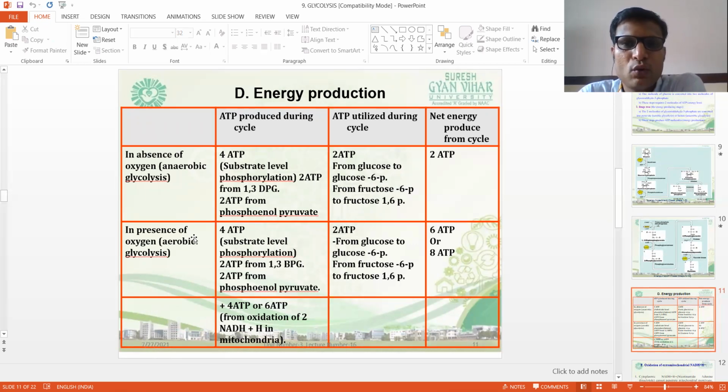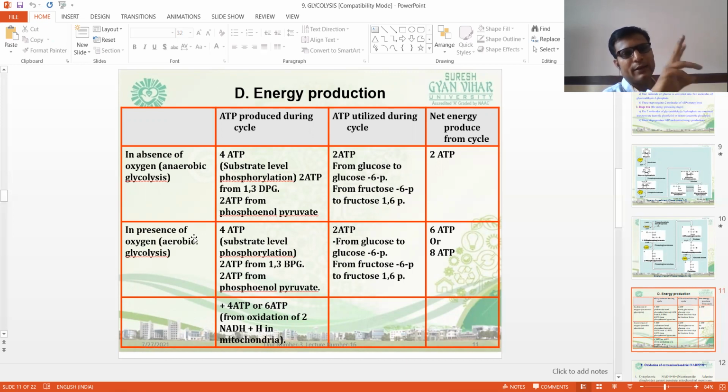So there is a total production of 2 ATP in the anaerobic case, meaning there is no supply of oxygen. Okay, so how is it happening? We are getting 4 ATP at substrate level: 2 ATP at 1,3-diphosphoglycerate and 2 ATP at phosphoenolpyruvate.